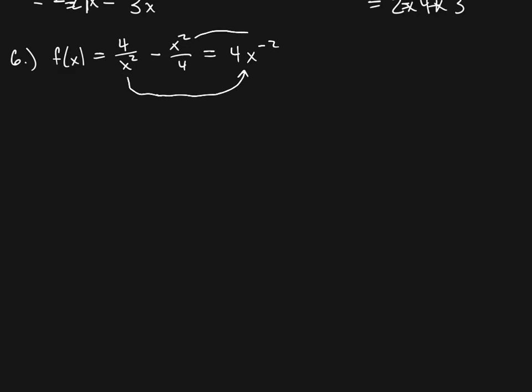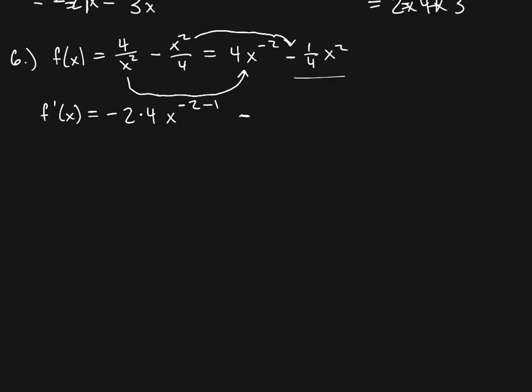Now we need to rewrite this fraction. So we get minus, now this is just 1/4 times x squared. We can take the derivative of this using the power rule. Doing so, we get f prime of x is equal to, so now we take our negative 2 and multiply it by that 4, and we get x to the minus 2 minus 1. So that's this term, right? Now we've got the second term. We need to take the derivative of this second term.